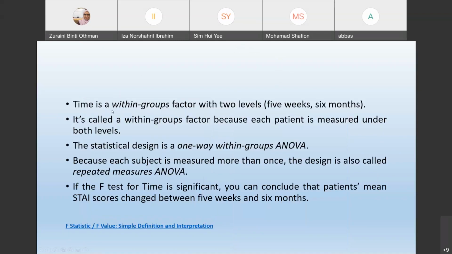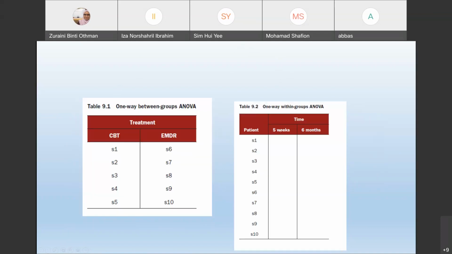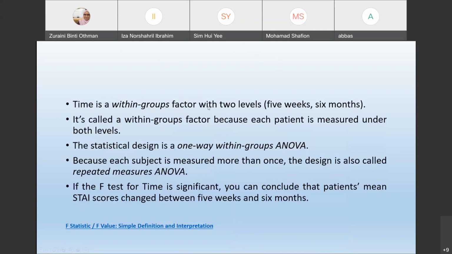Time is a within group factor with two levels, 5 weeks and 6 months. It is called a within group factor because each patient is measured under both levels.